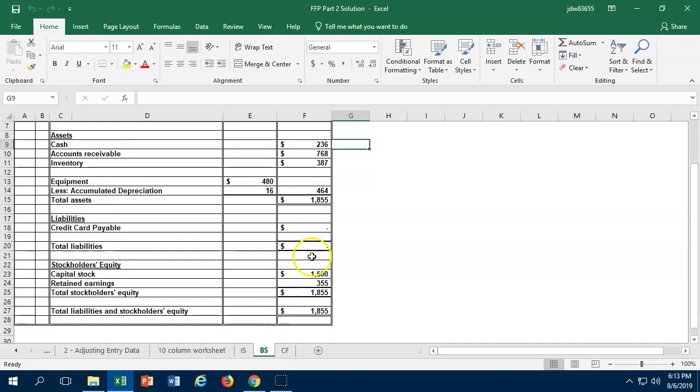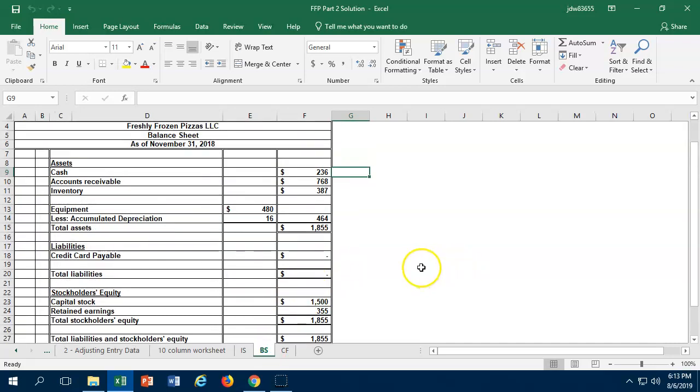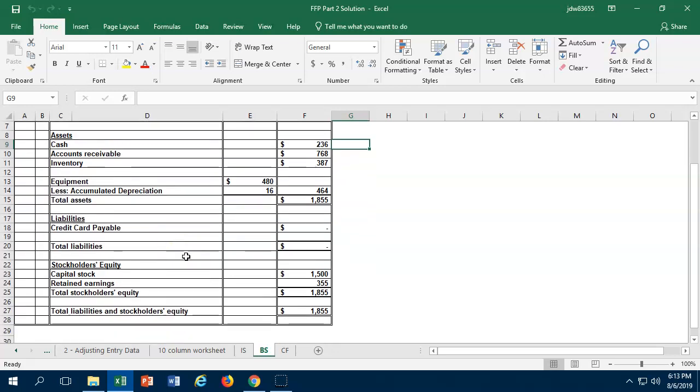So you have the same totals? Let me make sure that this is updated. How did you have the same totals?